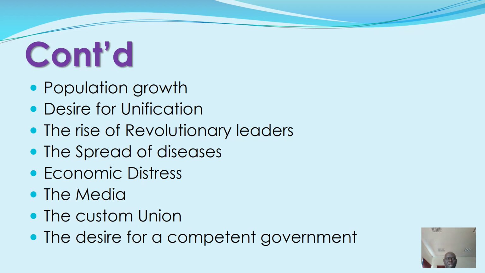Then the spread of contagious diseases. In this case, we can give an example of cholera, which started from China and swept most of the European countries. There was also bad weather in 1847, which was characterized by drought, resulting in poor harvest, which therefore resulted in various economic crises.